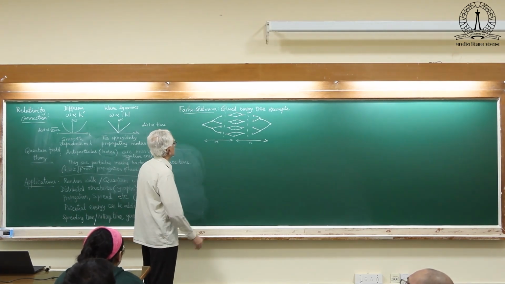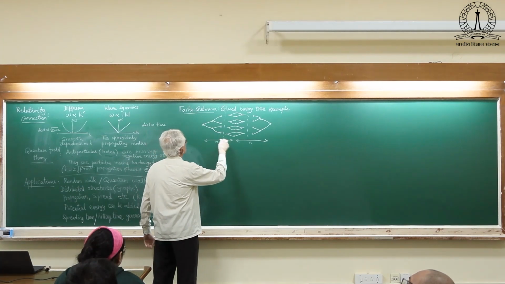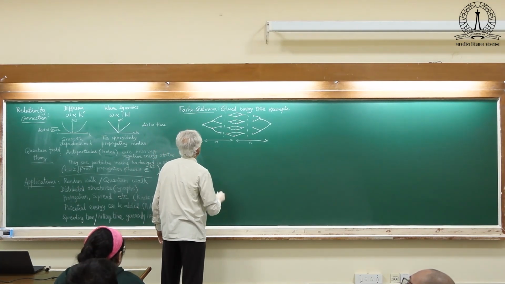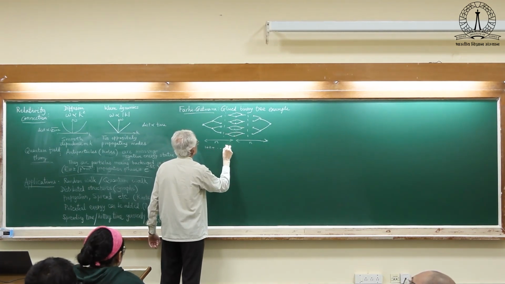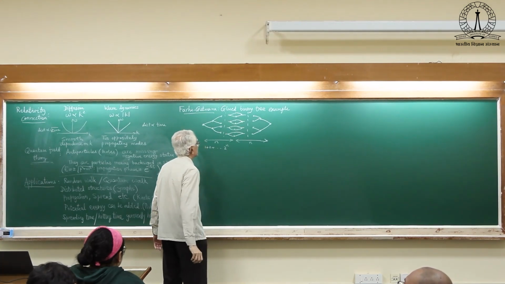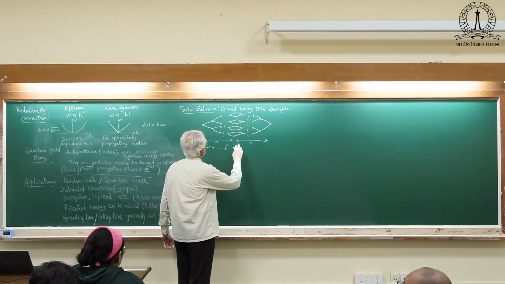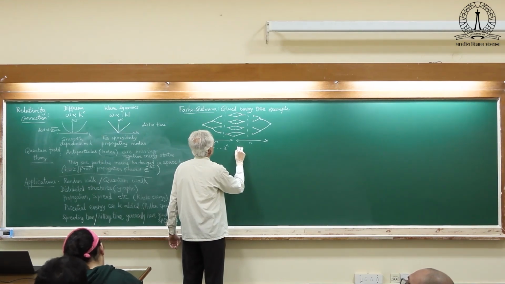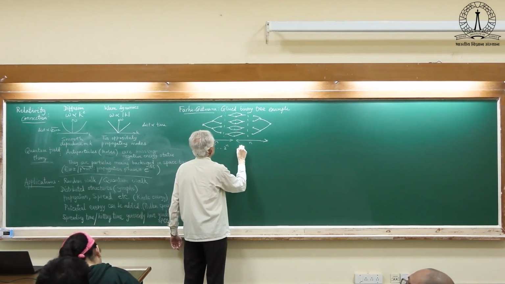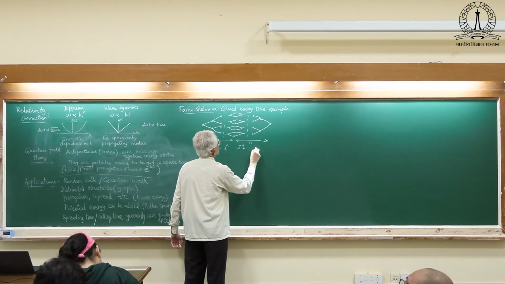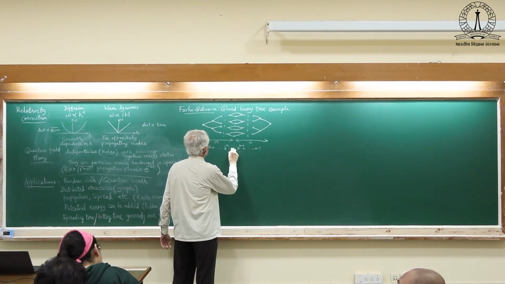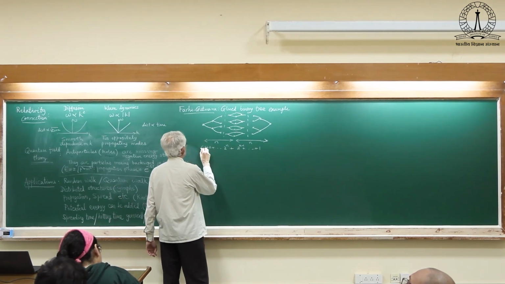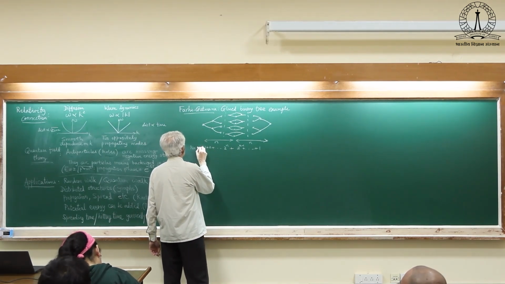Okay, so let me do some counting as well. How many points are there in the graph? So, the left half will be 1 plus 2, and this will become 2 raised to n in the middle. And here it is 2 raised to n minus 1 going back to 1. And we can add up, this is a number of vertices.